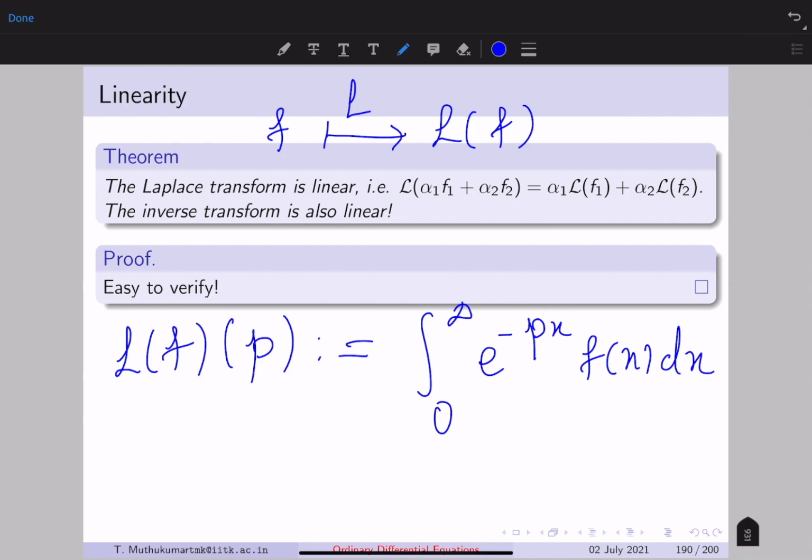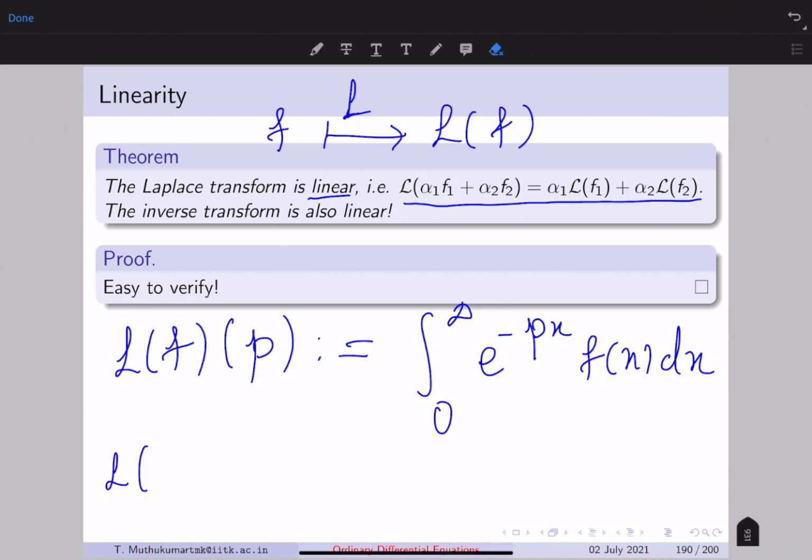This map L, which is the Laplace transform, is a linear map. That is, it satisfies this property. And the inverse transform is also linear. The proof is easy. You can do it as an exercise, but just for completeness' sake, I'll do the proof.